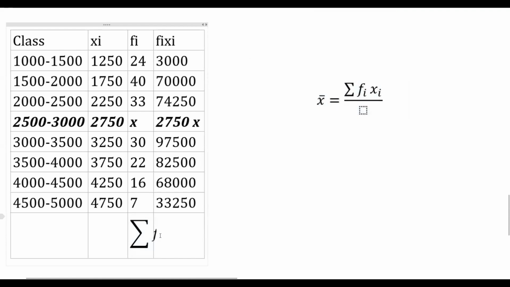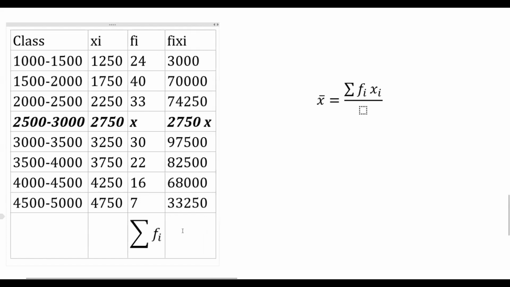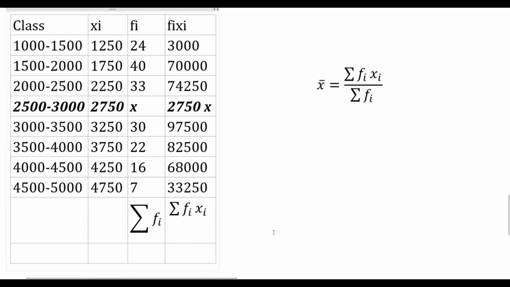It's coming so big. Okay, let's make it wide. And the next is sigma fi xi. So I'll take from here, copy it from here just to get this sigma fi xi.